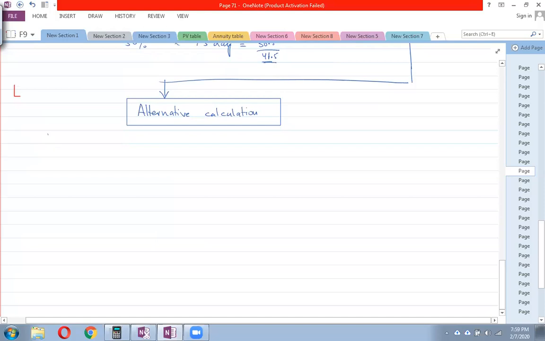So I'll do two calculations now. Let's say interest cost number one, and then interest cost number two. I'll do the first one for those customers who are taking the discount, and the second calculation for the customers not taking the discount.